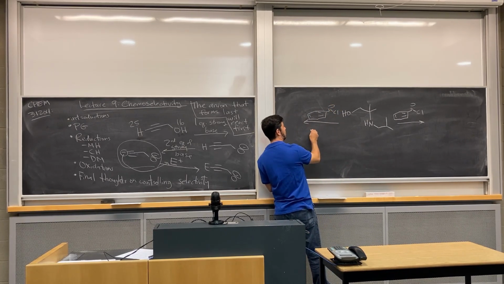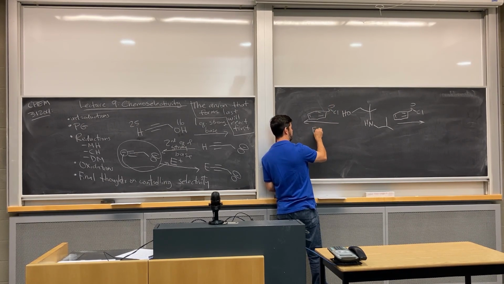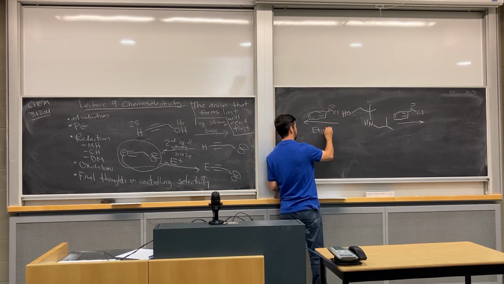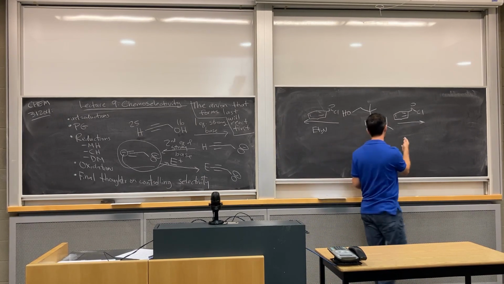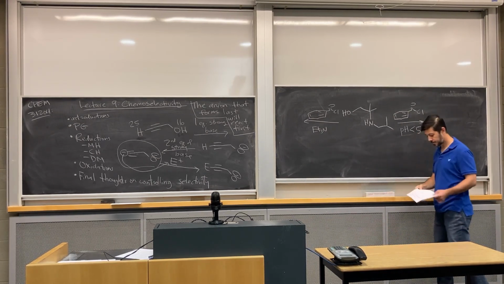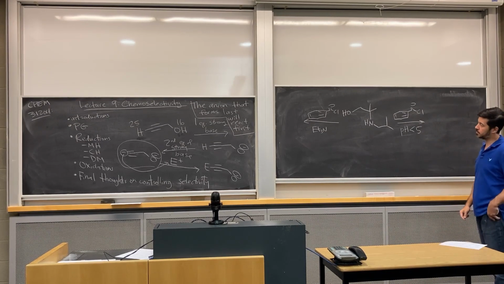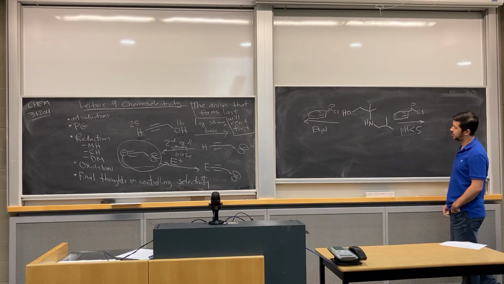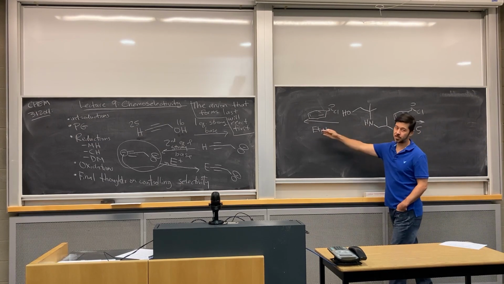And let's say we do this under basic conditions. So let's say we have triethylamine in here, and then on the right side, let's say we're doing this under acidic conditions. So let's just say pH less than 5. What is the product going to be? Let's go this way first.